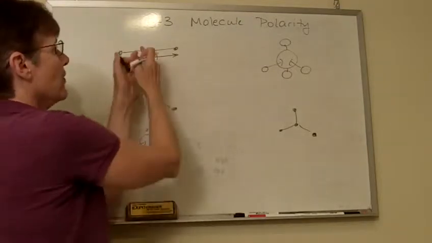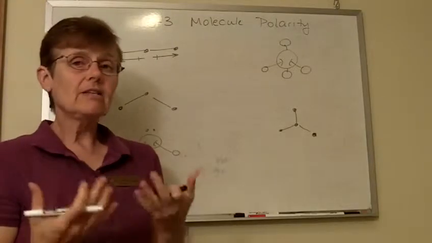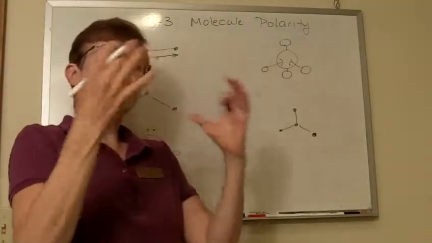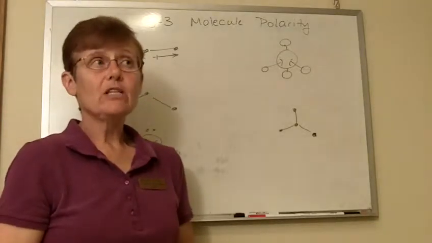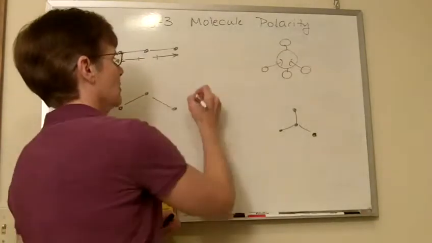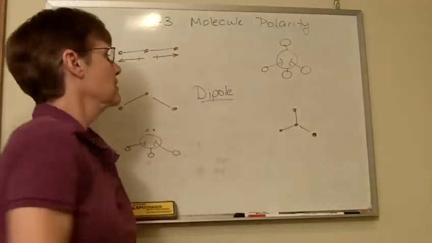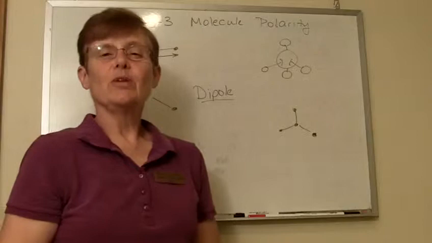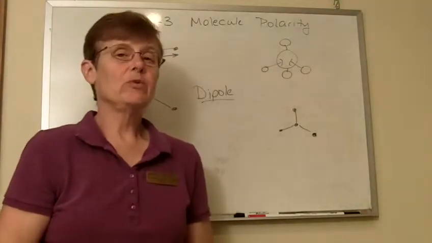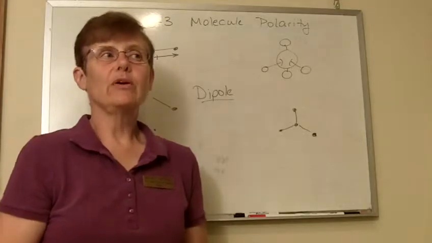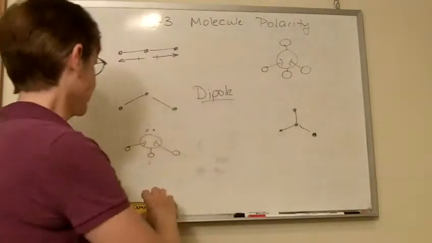Now we have electrons being pulled in two opposite directions, and those cancel each other out. So as a whole, this molecule is not polar. Now if it is polar, we call it a dipole, D-I-P-O-L-E. We would say this molecule is a dipole if overall it is polar, and we would say it's not a dipole, or it's a nonpolar molecule, if overall it's not polar.